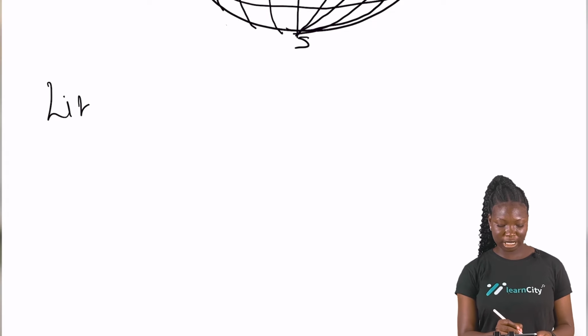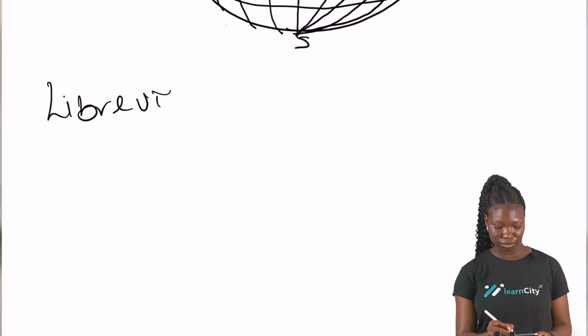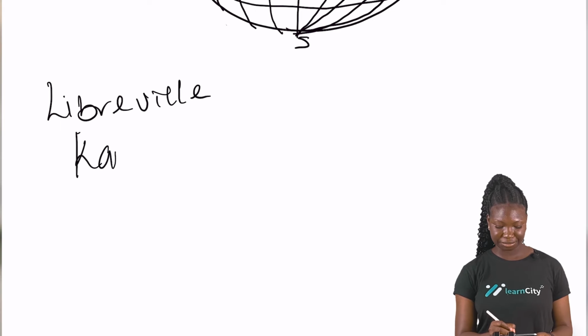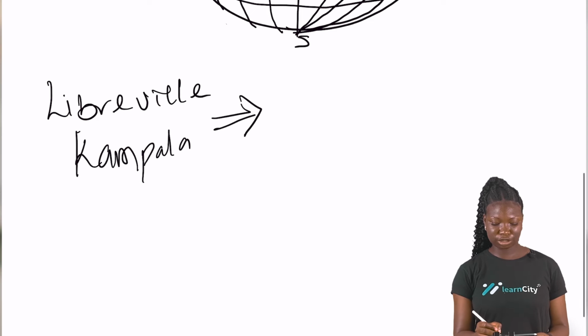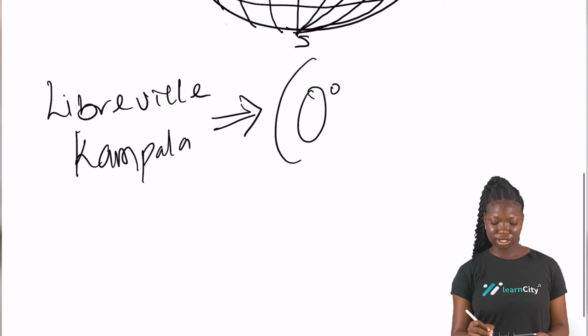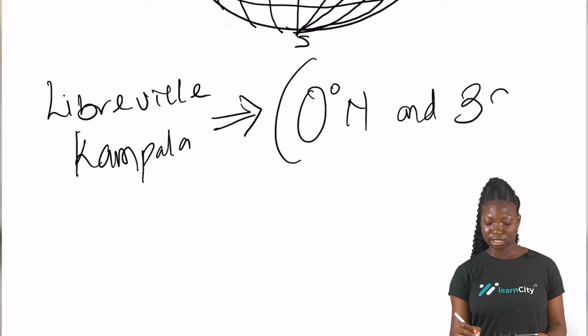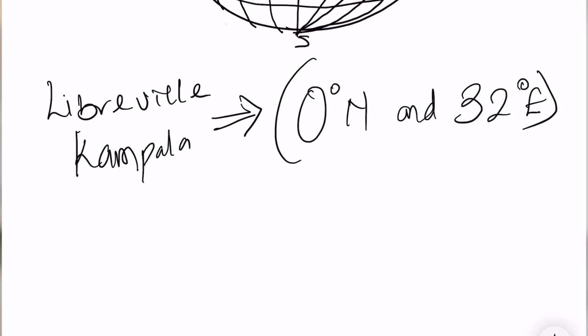So we have Libreville and Kampala, and we have it to be 0 degrees north and 32 degrees east.